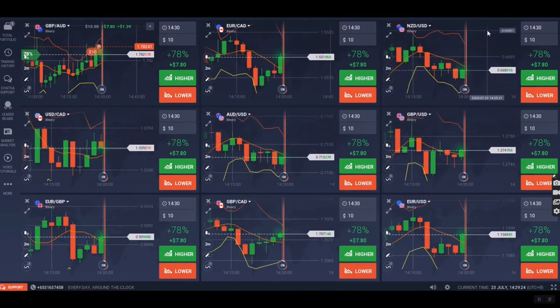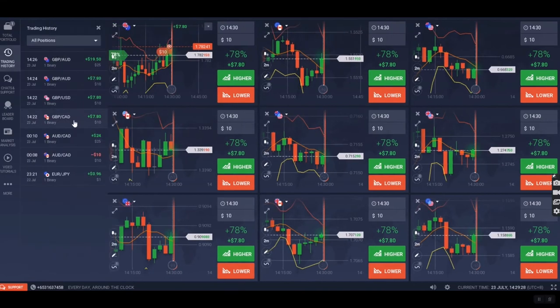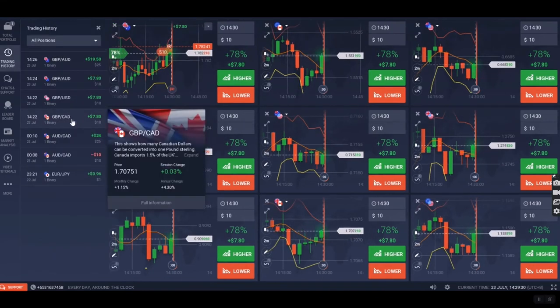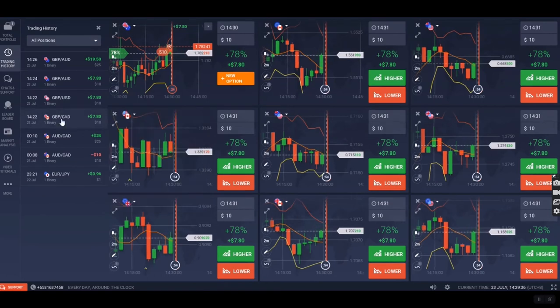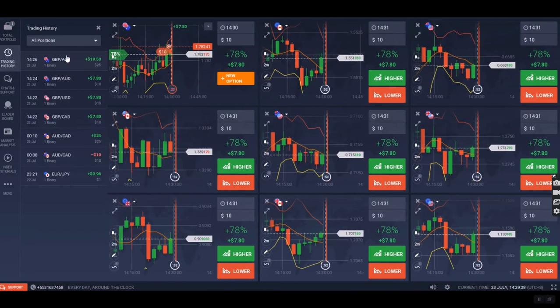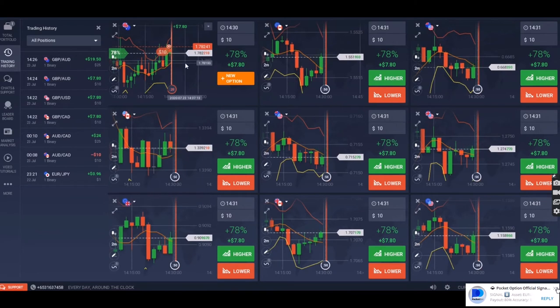Okay, so let's go through what I have done so far. Because I was slightly cut off in the morning, at the starting of this session, I only managed to trade 4. 1, 2, 3, 4. And upcoming one more here, 5.